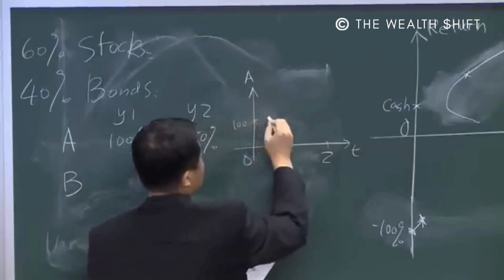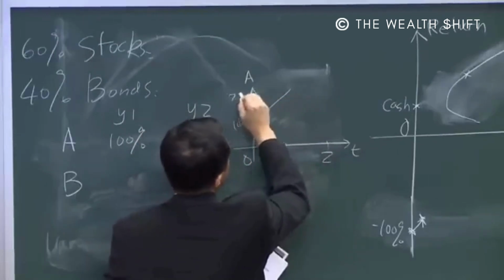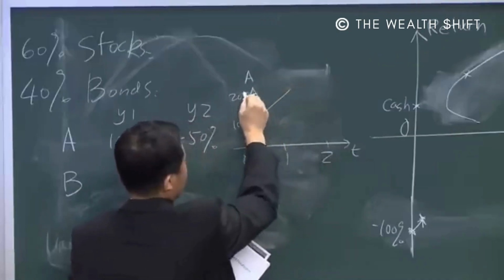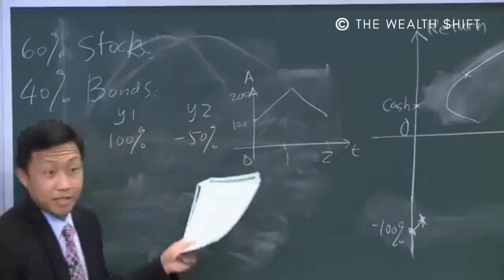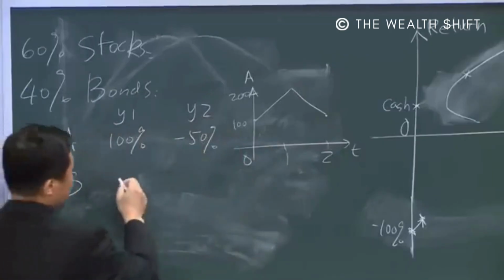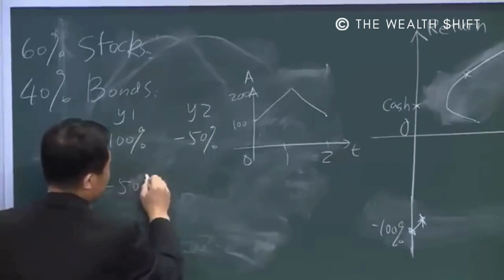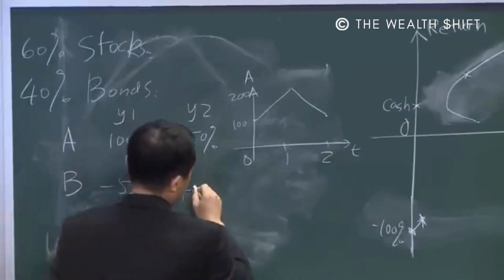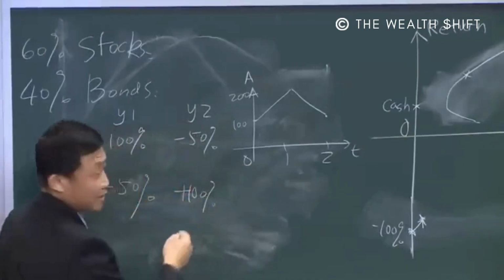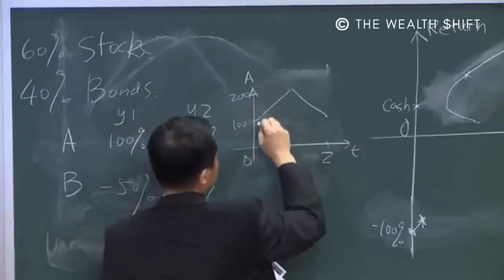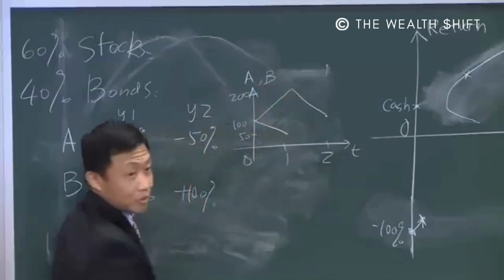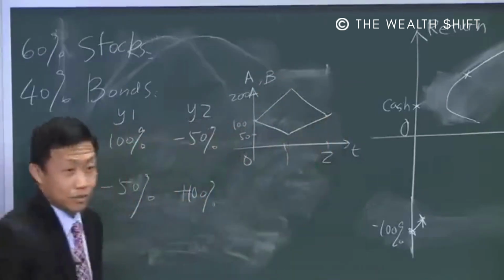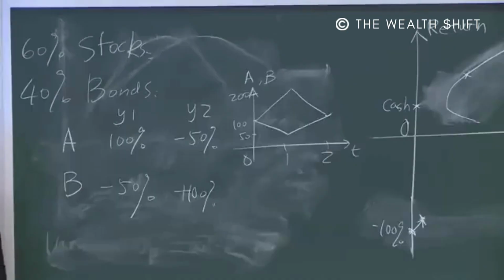It started at 100%, goes up to 200%, then goes down 50% on the new base. So it returns nothing, right? It comes back. Asset B in year one loses 50%, then doubles, up 100%, in year two. So asset B basically goes down to 50%, and then goes back up to 100%. That's when you look at them independently.